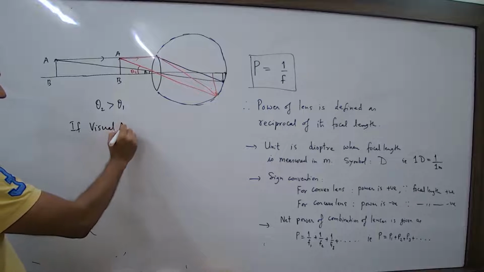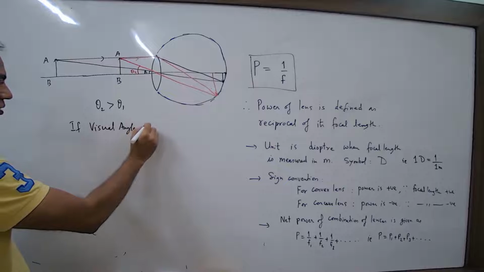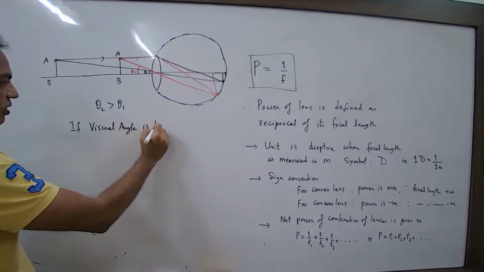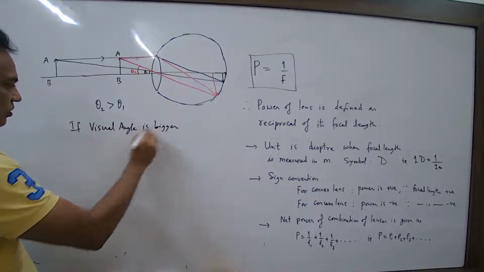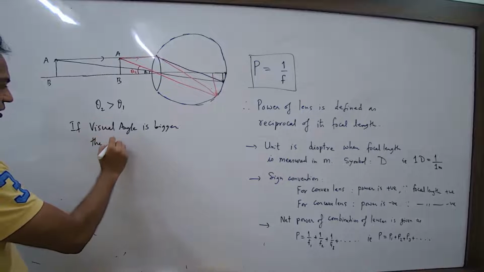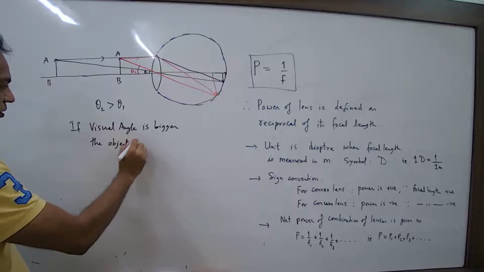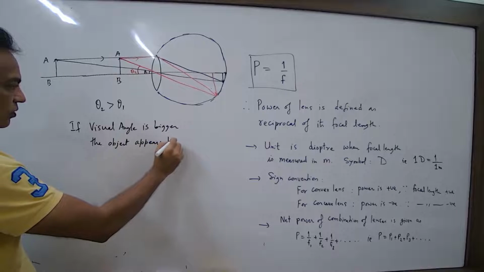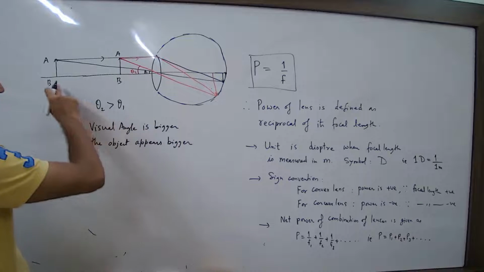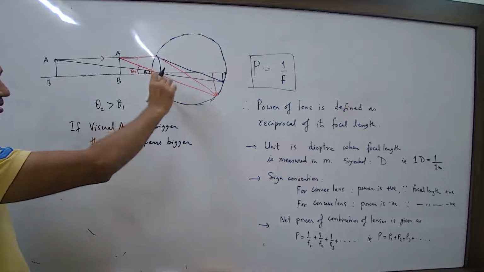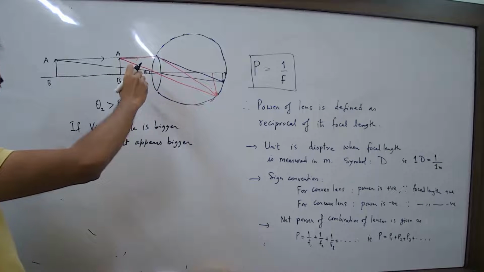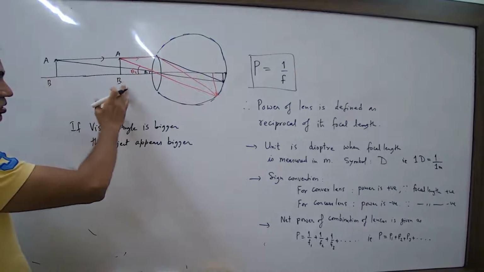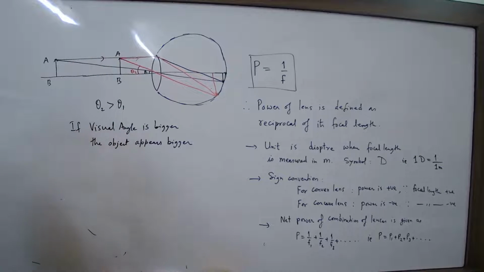The visual angle is bigger, so the object appears bigger, because there is no change in the size of the object, just a difference in the visual angle. When it comes closer, the visual angle increases and the object appears bigger to us.